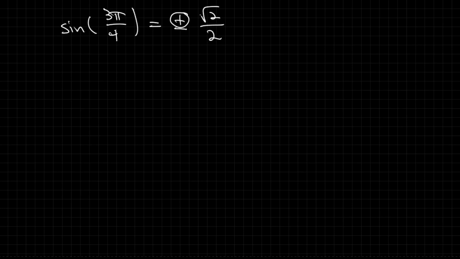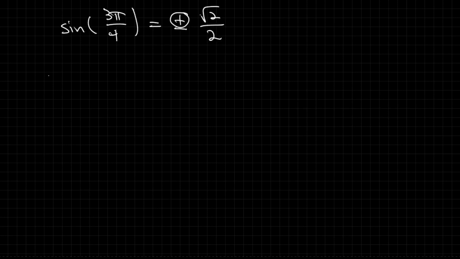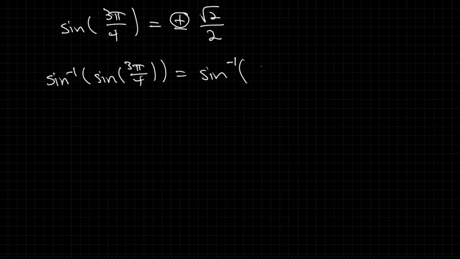So whereas earlier, for our first example, we were unable to evaluate sine inverse of 5, we are able to evaluate sine of 3 pi over 4. It's positive root 2 over 2. And so sine inverse of sine of 3 pi over 4, that's going to be equal to, well, sine of 3 pi over 4 is root 2 over 2, so this is sine inverse of root 2 over 2.